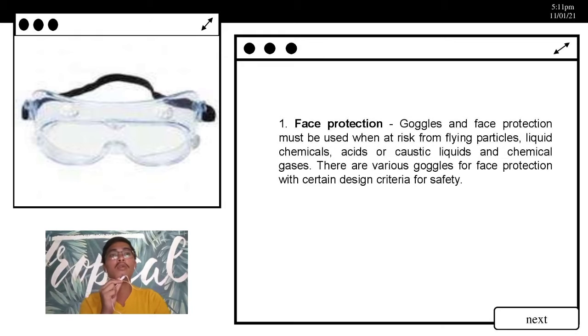So that's it. Let's go to the classification. There are at least 4 or 5 classifications of face protection. The first one is the laser safety glasses. As the word itself says, these are glasses that are intended to protect your eyes.